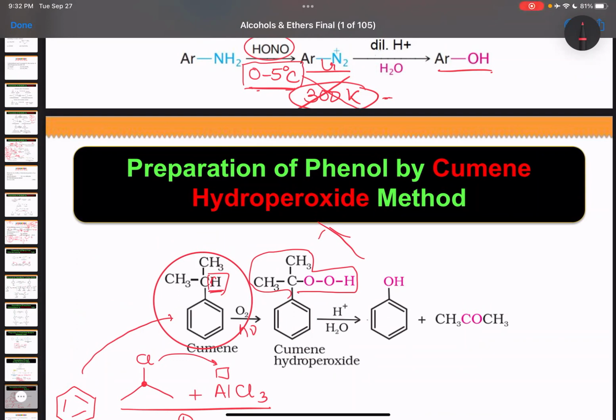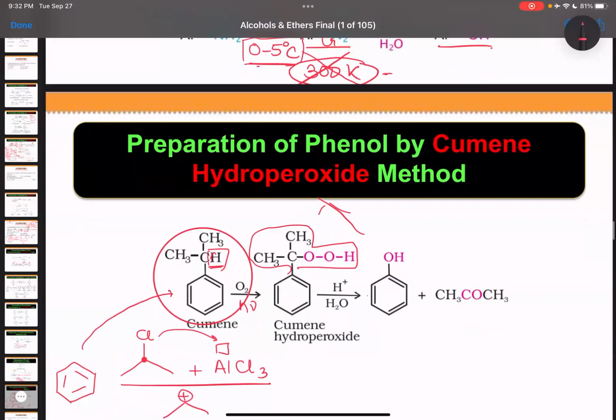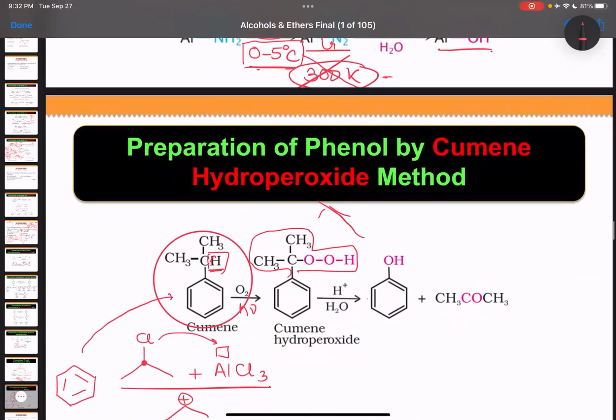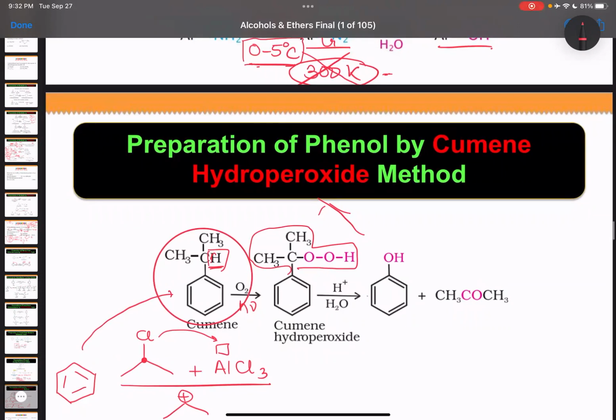And what happens is, these peroxides are very fragile, so they break in the presence of acid. So remember one thing.